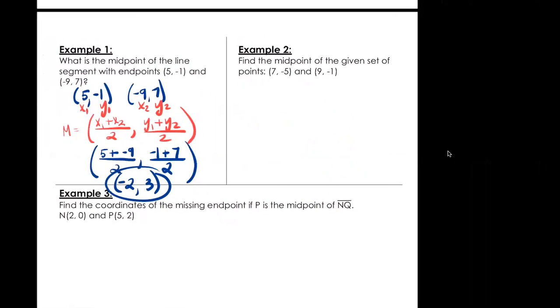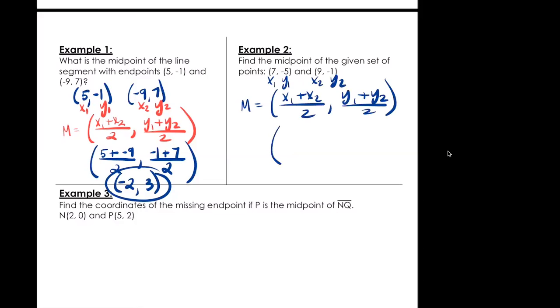Next example, find the midpoint of a given set of points, 7, -5, and 9, -1. That's my x1, my y1, my x2, my y2. Same formula, midpoint equals x1 plus x2 over 2, comma, y1 plus y2 over 2.